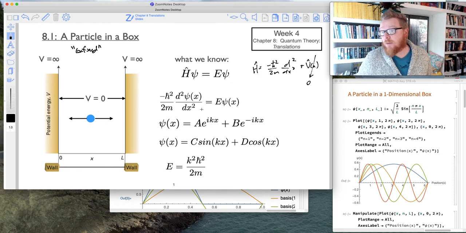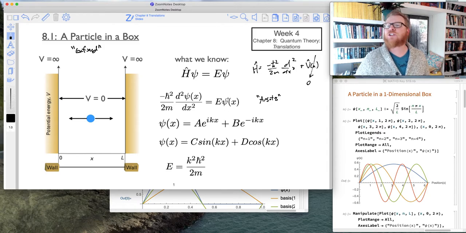So we've solved this problem already, right? We did this in the chapter 7 lecture notes, okay? And when we used the ansatz method, we got all imaginary solutions, okay?